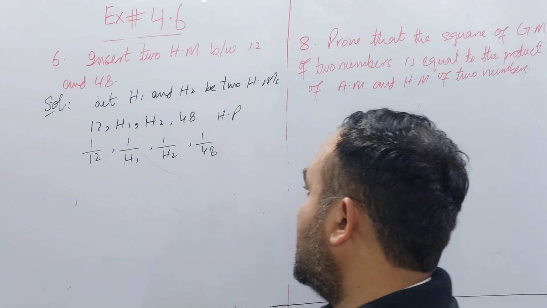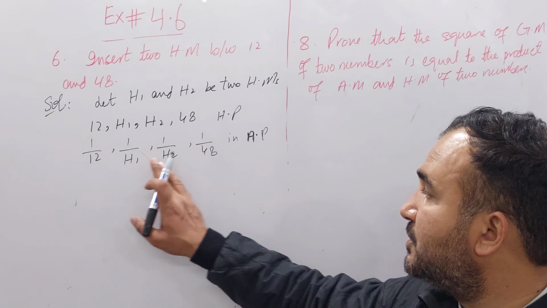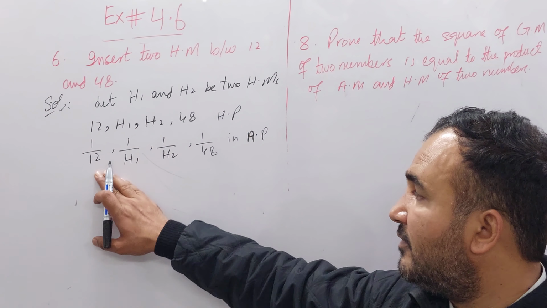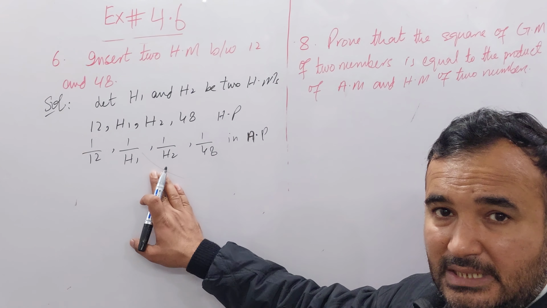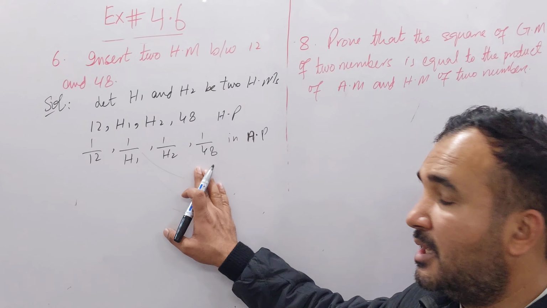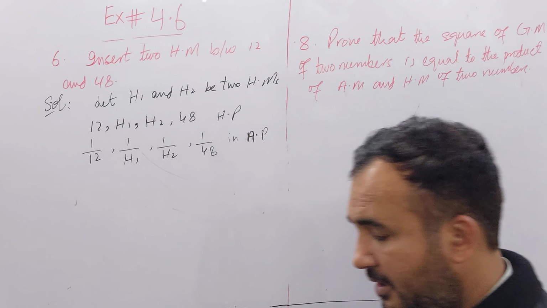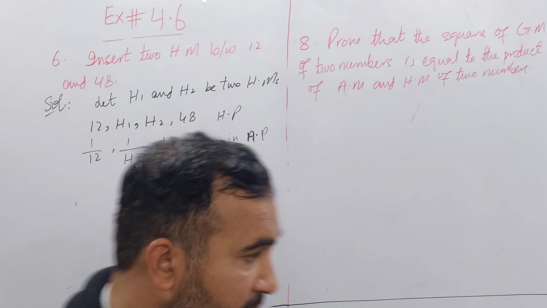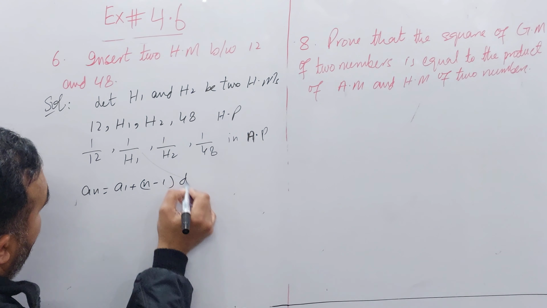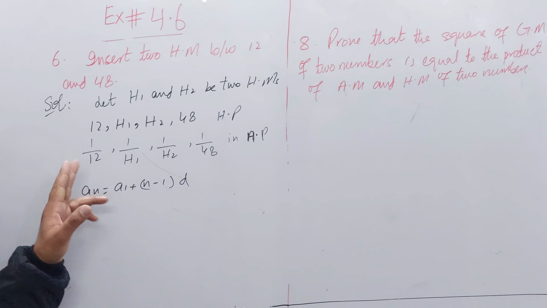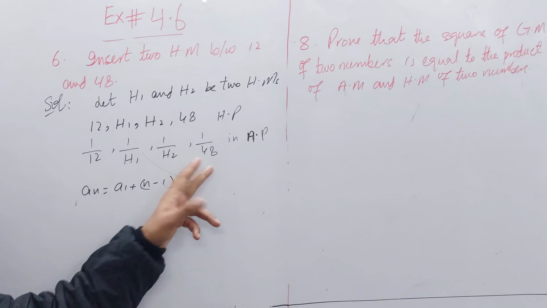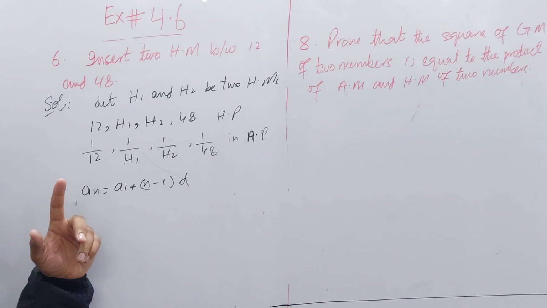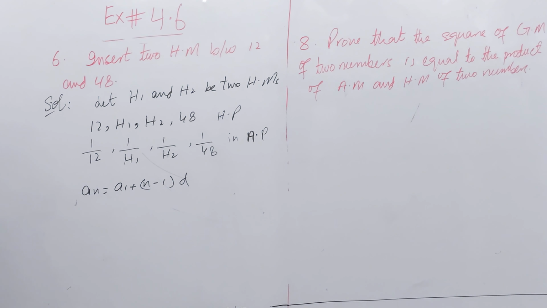Okay, so we have a1, a2, a3 and a4. Using a1 and a4, we have to find the common difference, which is d. By the formula for the nth term of an arithmetic progression, an is equal to a1 plus (n minus 1)d, we will use the first term a1 and a4 to find the common difference, and then using the common difference we will find h1 and h2.